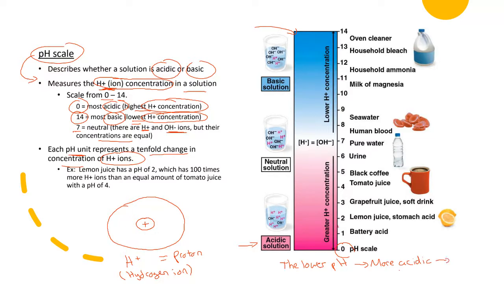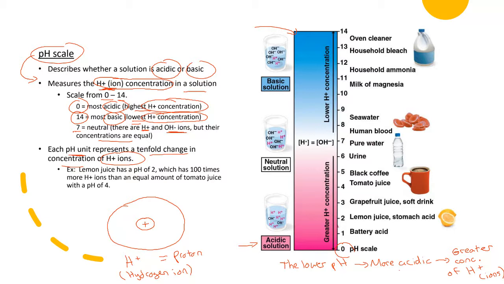The more acidic, the greater the concentration, C for concentration, of hydrogen ions. Simple as that. So the more acidic, the more hydrogen ions there are in a solution, and therefore the lower the pH.